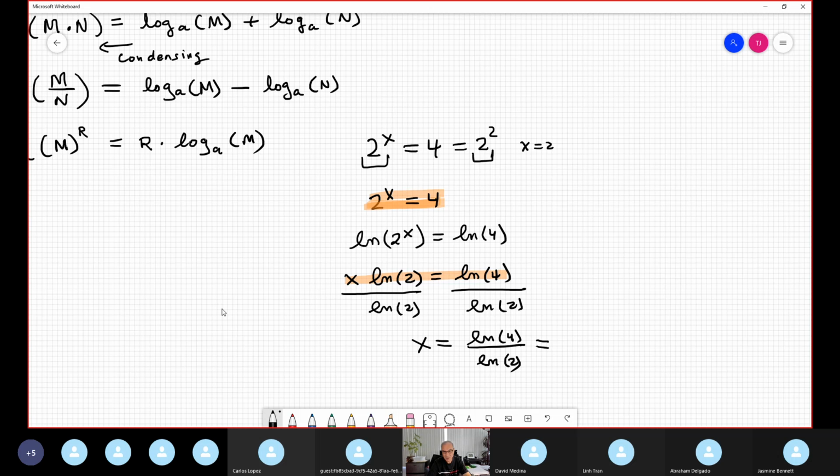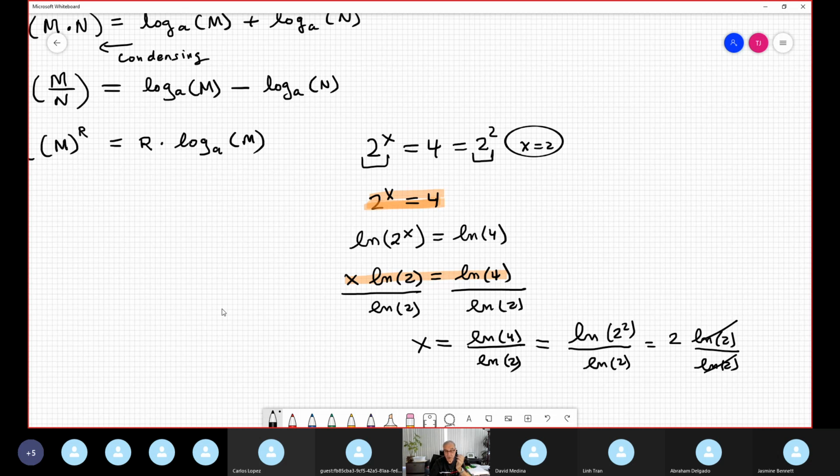Logarithm of 4, I know 4 is 2 times 2, which is 2 squared. So you consider ln of 2 to the second power divided by ln of 2. And one more time, the 2 goes to the front as a factor, and you cancel out that part. And the answer is 2. And you see, well, professor, this looks complicated. No. Well, yes.